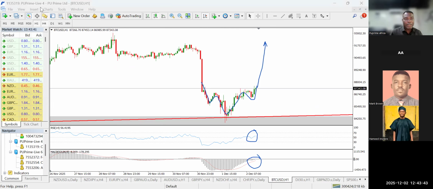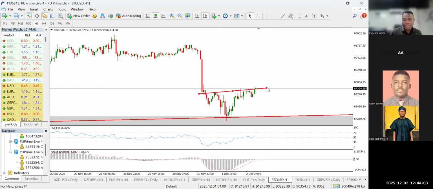The only thing we need now is a new candle to break out above the neckline region. Actually, the neckline region is from this diagonal side here. So this afternoon, watch it. You can see current price is testing that trend line.